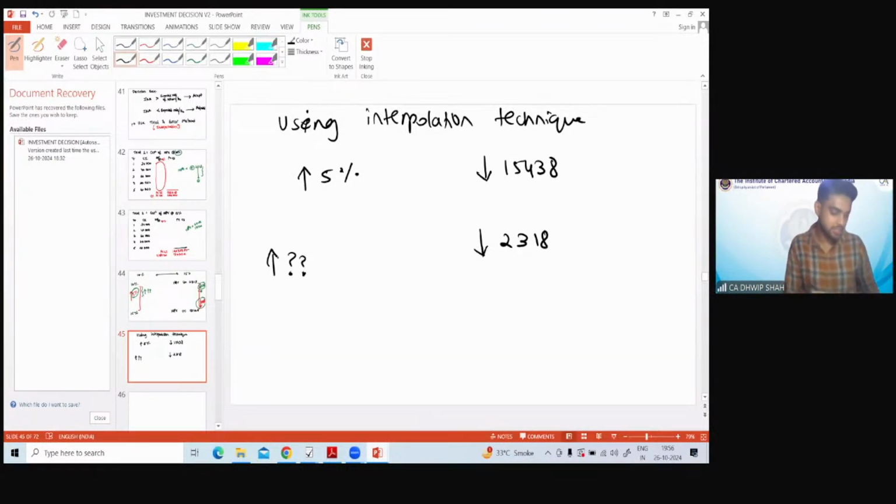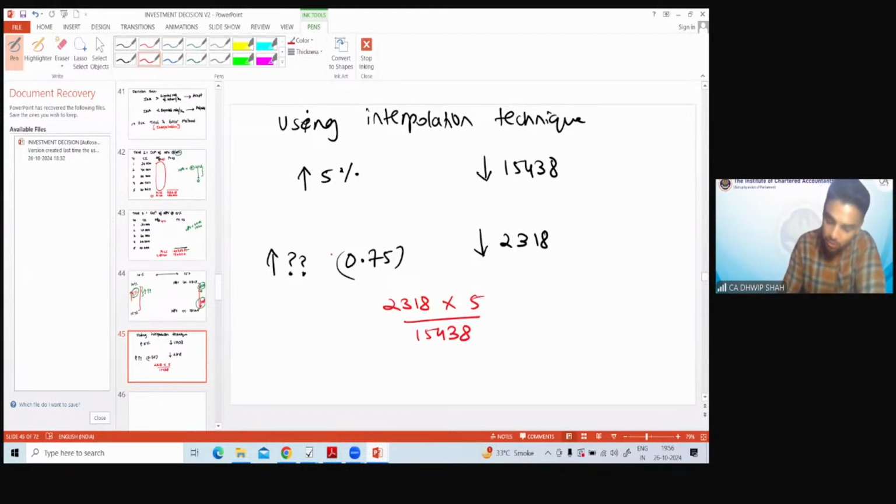Cross multiplication: 2,318 into 5 divided by 15,438. You need to increase it by 0.75. Did everyone get 0.75? It is just by cross multiplication: 2,318 multiplied by 5 divided by 15,438. So I just need to increase it by 0.75%.